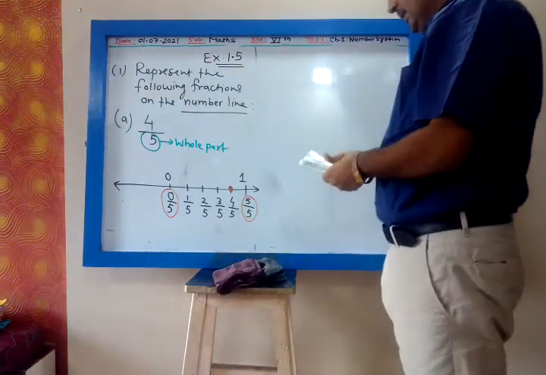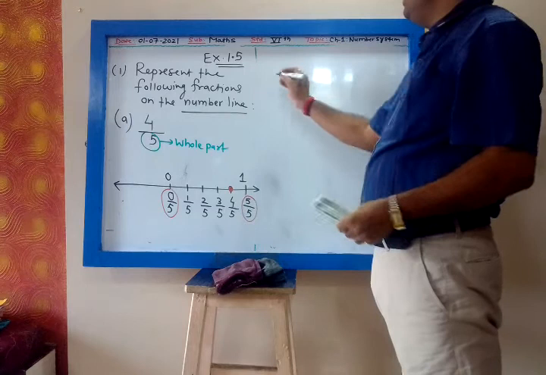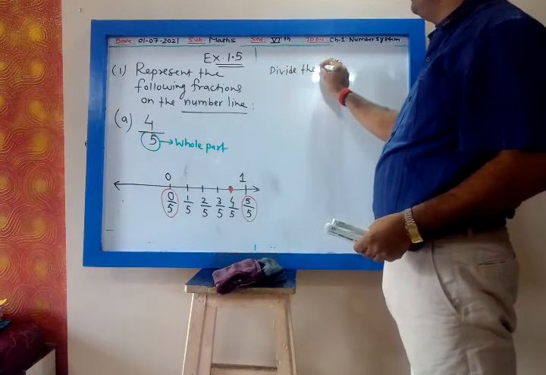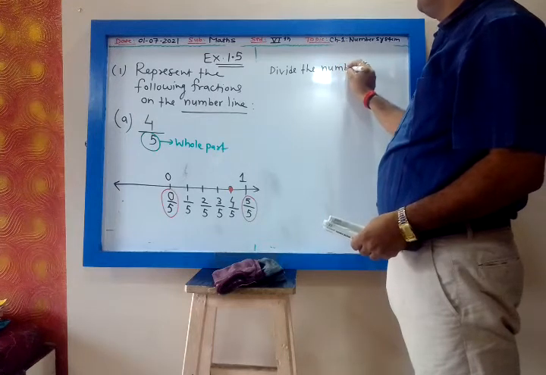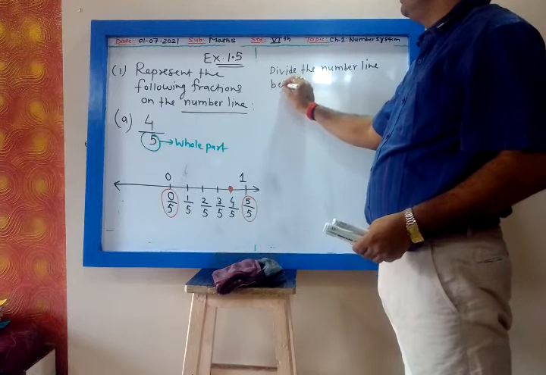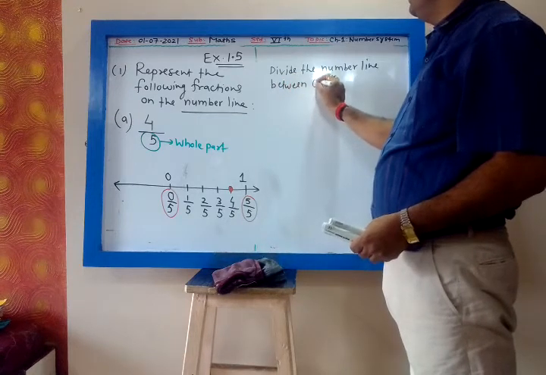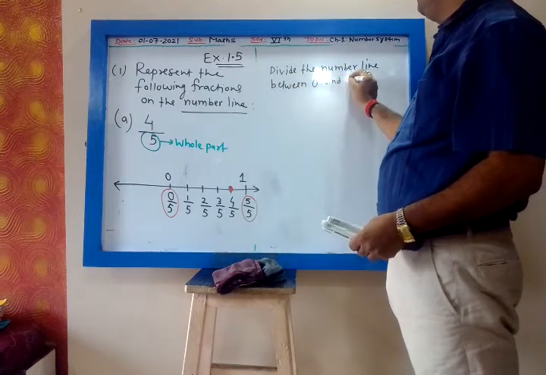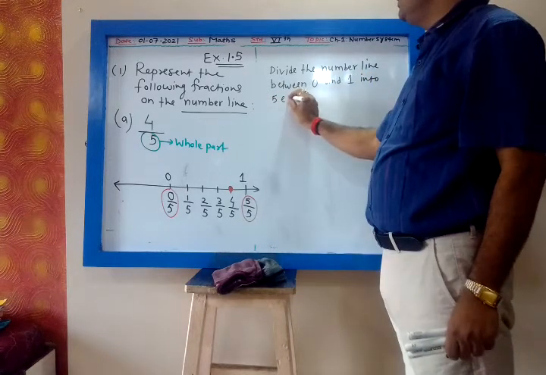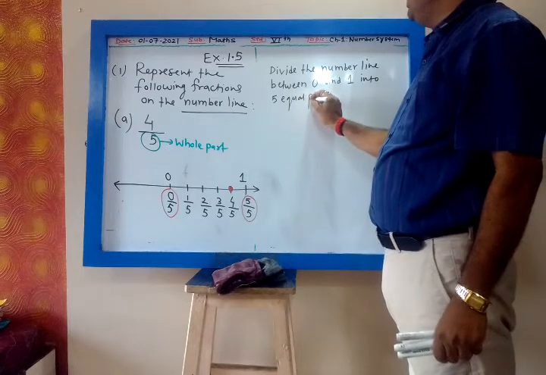That's all. Your answer will be: divide the number line between 0 and 1 into 5 equal parts.